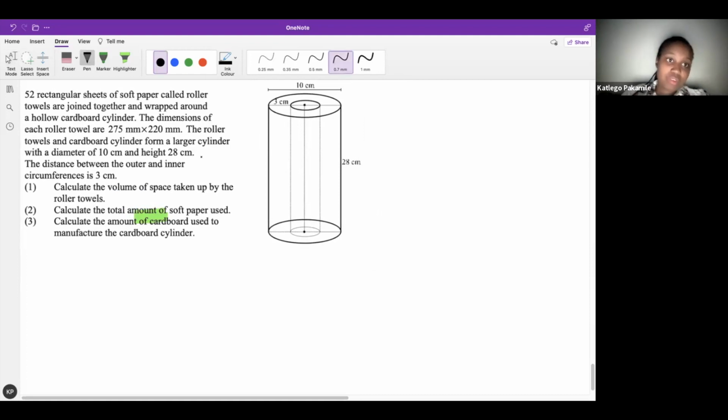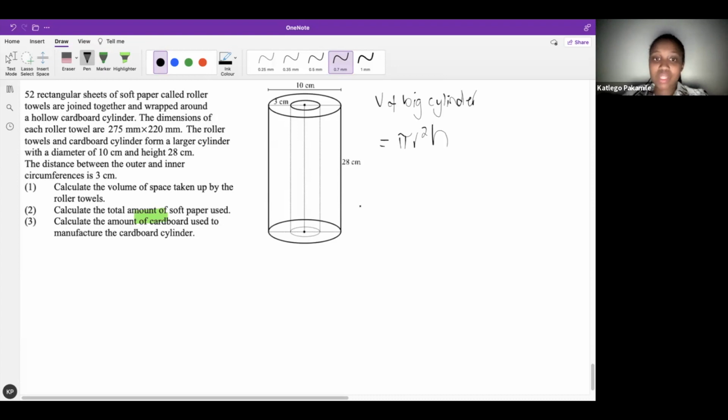Okay, let's start with the volume of the outside. So volume of the big cylinder equals pi r squared h. Now we have to establish what the radius for the big cylinder is.